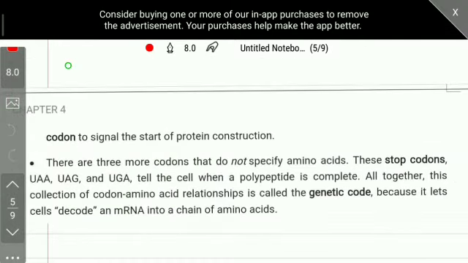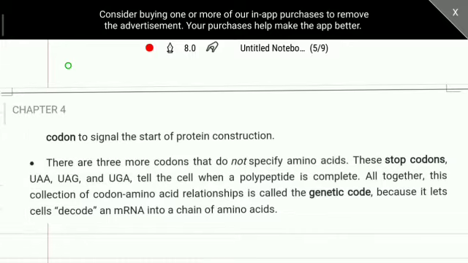Now, there are 3 codons that do not specify any amino acid, as we have seen already. These are called stop codons. What are the stop codons? UAA, UGA and UAG.